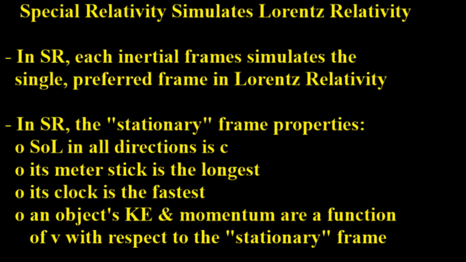Well, it says that each inertial frame simulates the single preferred frame of Lorentz relativity. In other words, each observer, individually and separately, sees the world as though they're simulating the view from the single preferred frame in Lorentz relativity.